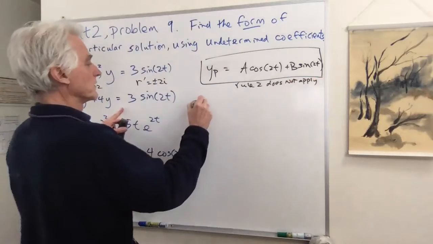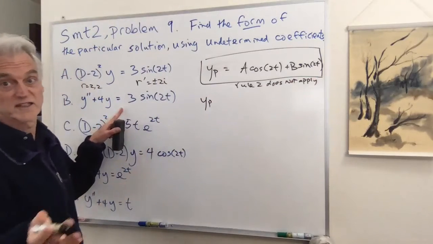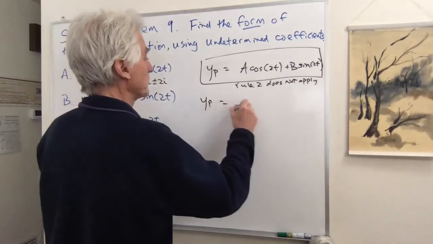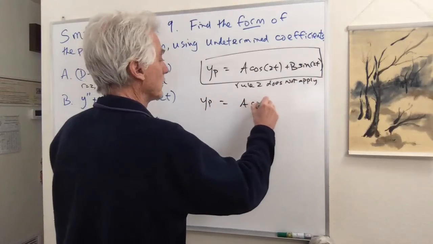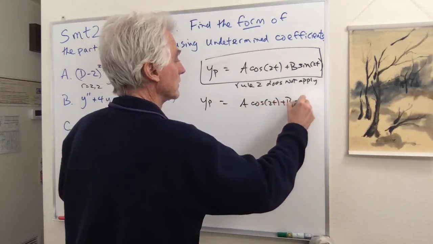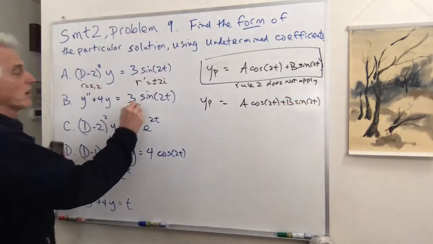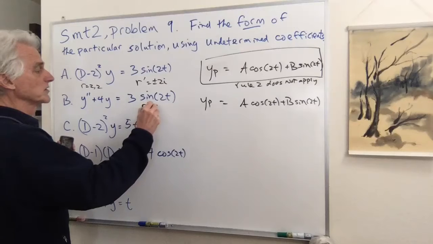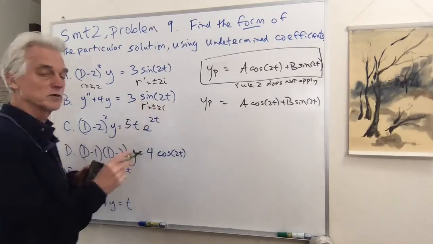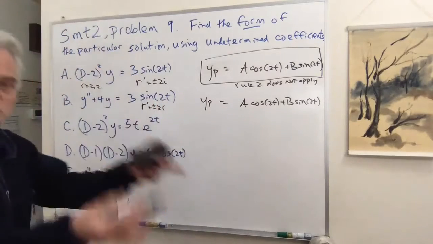Okay, for this one, the right-hand side is the same, so rule 1 is exactly the same. Yp is going to be A cos 2t plus B sine of 2t. And that also has r prime is plus or minus 2i. Those are the roots that give you sine 2t and cos 2t.